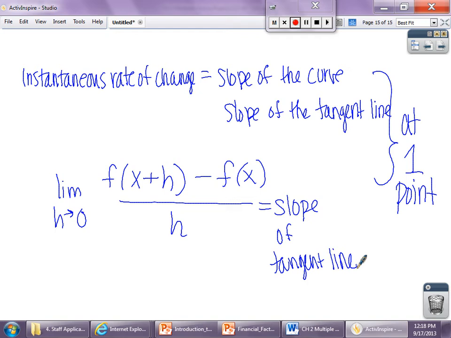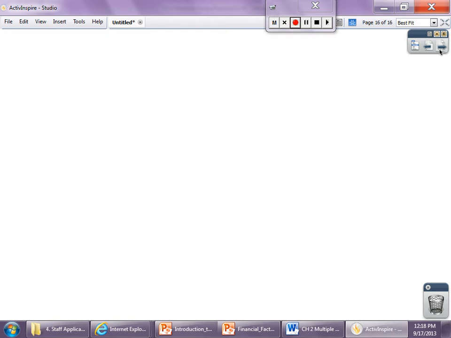I'll show you the different types of functions that I use with this formula. You actually have seen them all by now. You'll see me use any kind of polynomial: x squareds, x cubes.